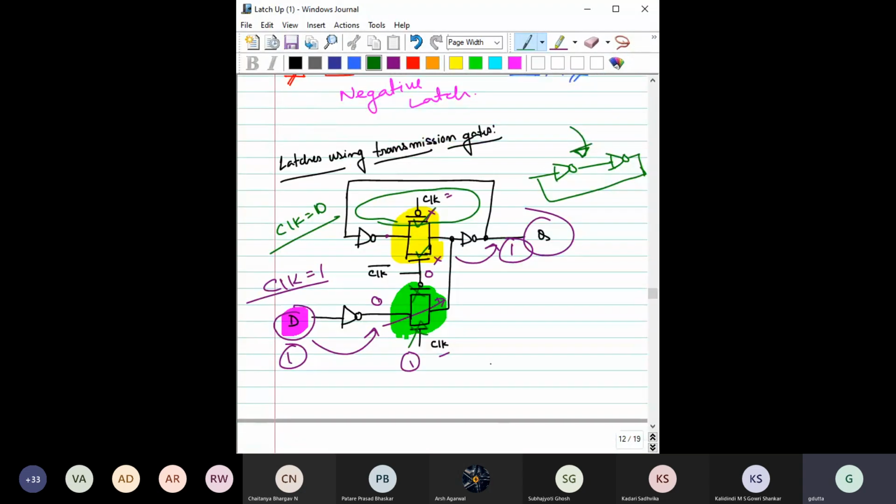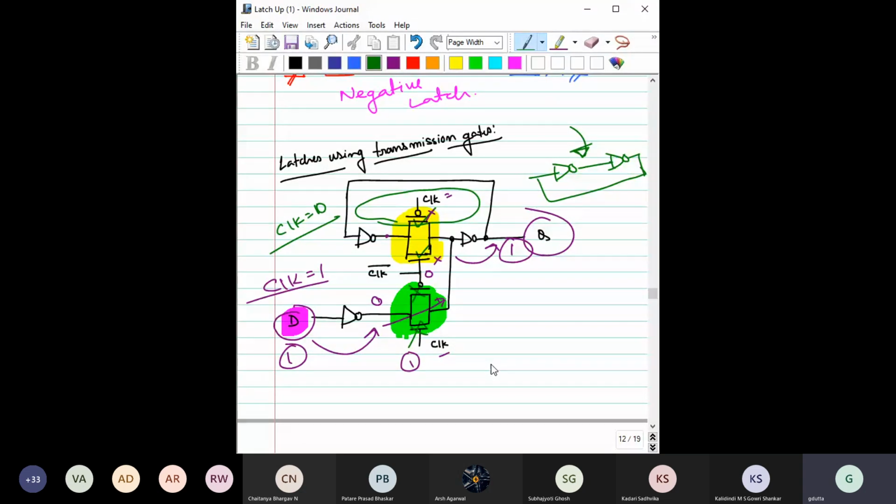Now the thing is that while discussing pass transistor, we have also discussed the transmission gate, right? Why have we moved from pass transistor to transmission gate? Because there was an issue of one VTH drop, right? That's why we shifted from pass transistor logic to transmission gate logic. But what was the advantage in case of pass transistor logic?